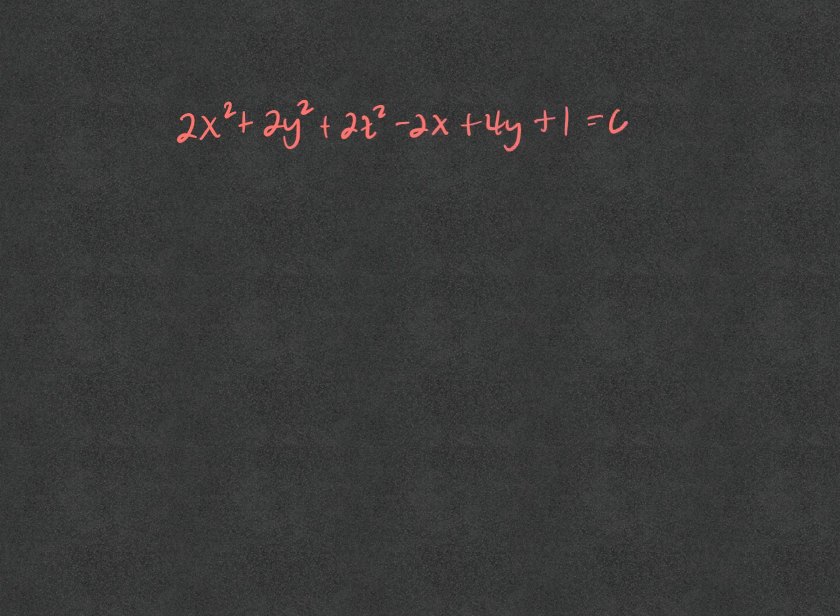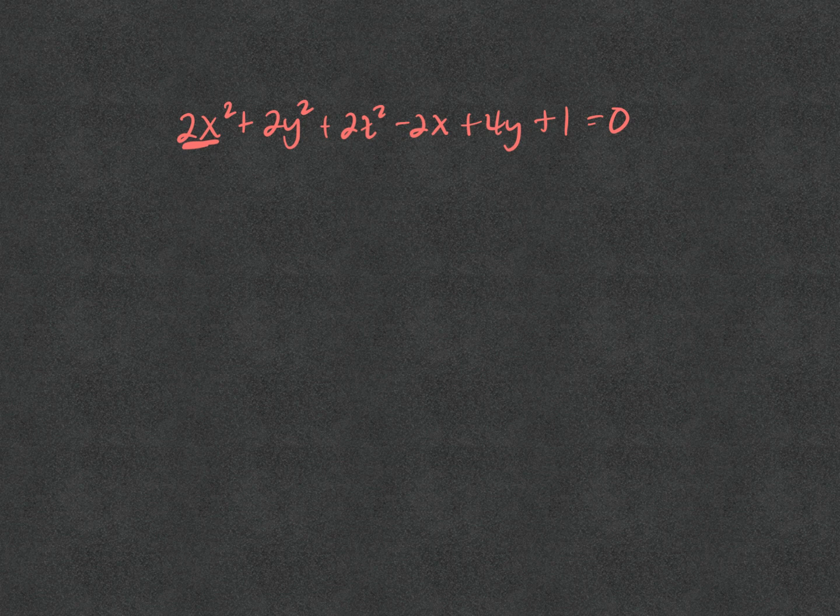This one is interesting because it says 2x squared plus 2y squared plus 2z squared minus 2x plus 4y plus 1 equals 0. So when you do this problem, what's really interesting about it is you can never complete the square with a leading coefficient other than 1.